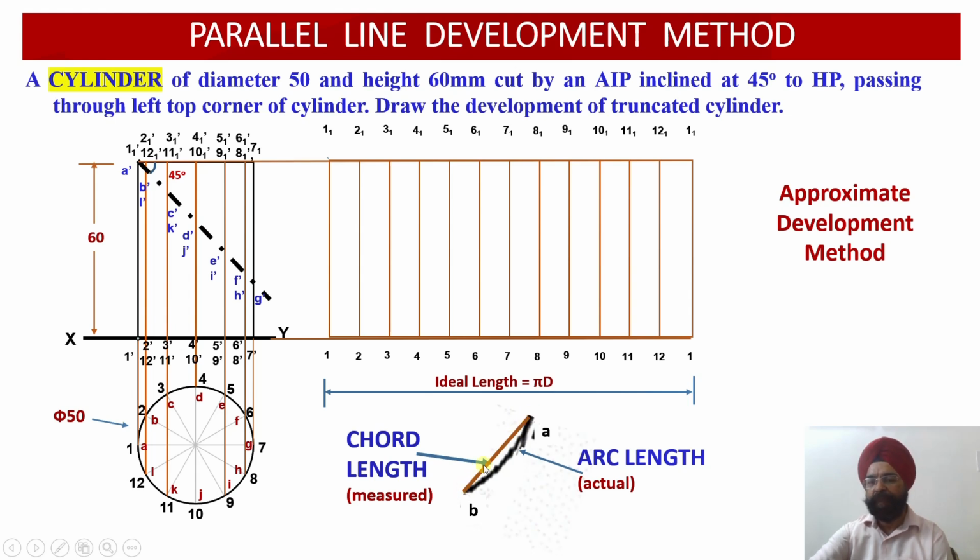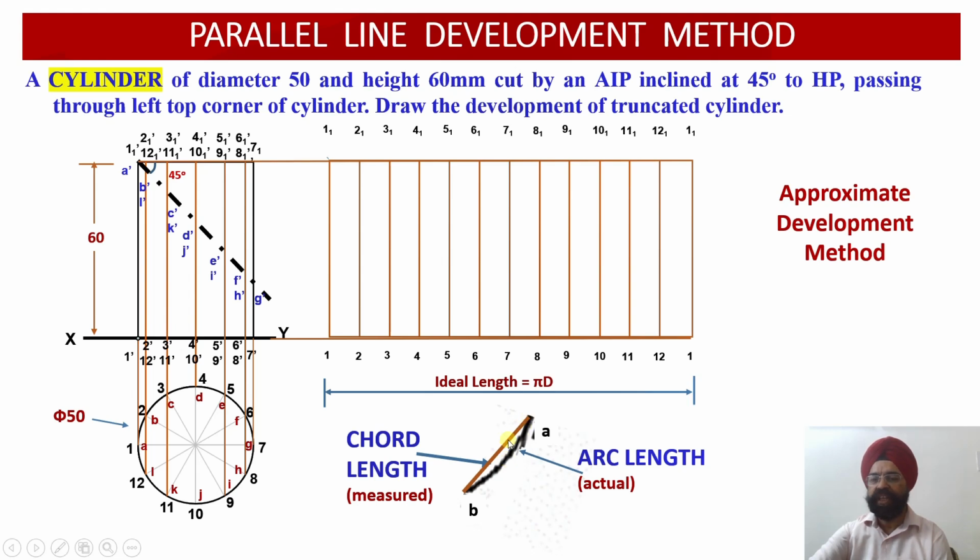My divider, my compass and my scale will measure this. So the limitation is that I am not drawing the arc length distance; rather, I am going to show only the chord length. This chord length will be shorter than the arc length, even though marginally.